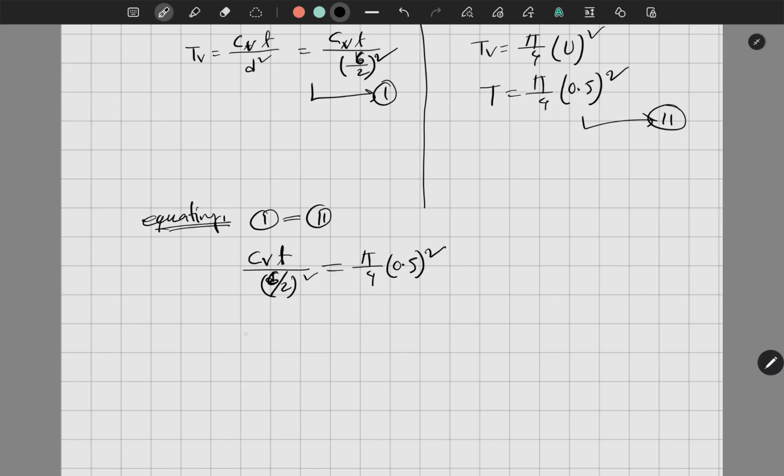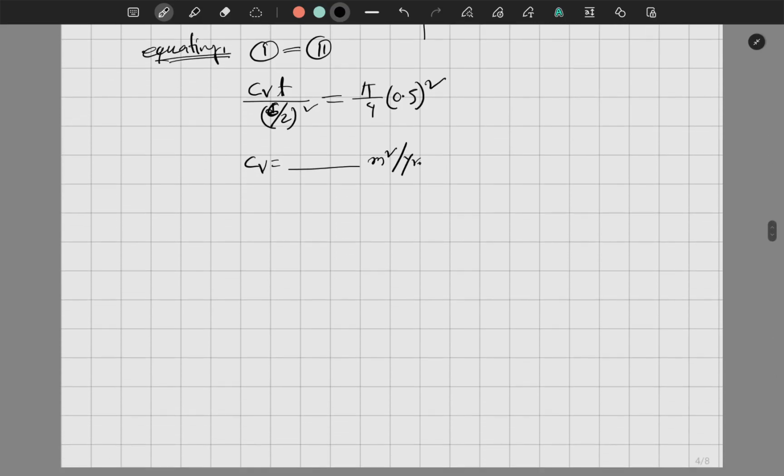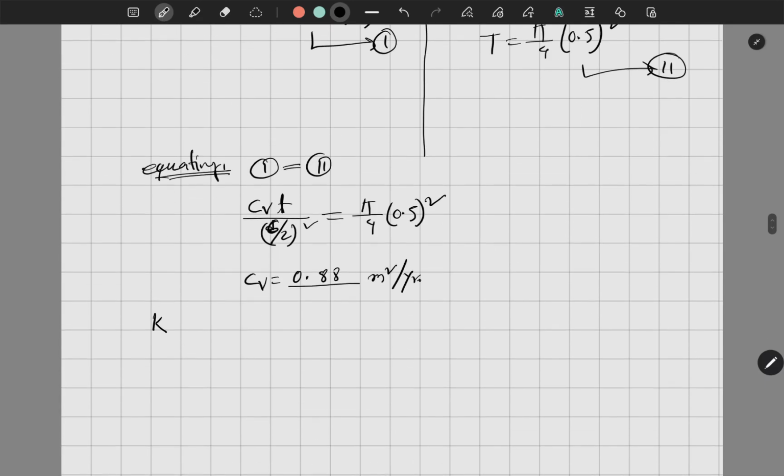After solving it, what will we get? We will get Cv in meter square per year. So what is the value? 0.88 meter square per year.